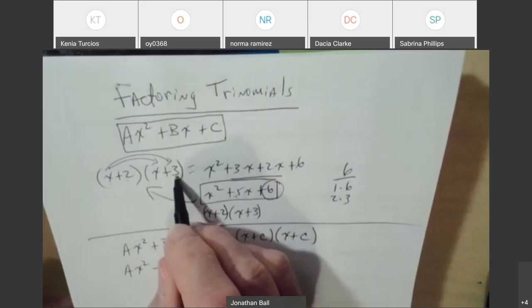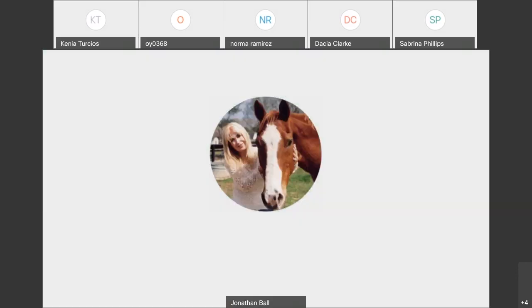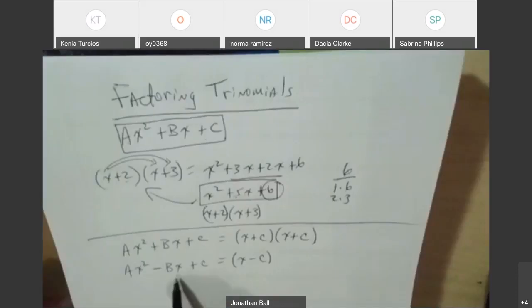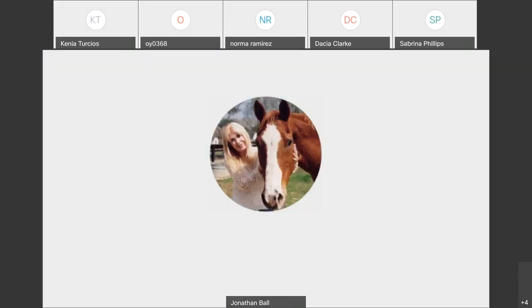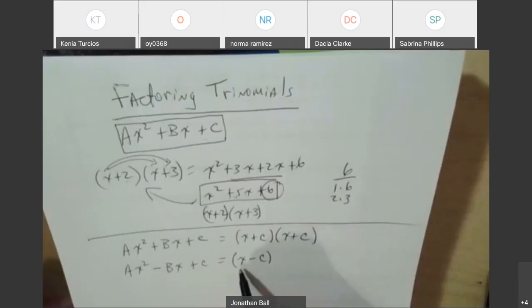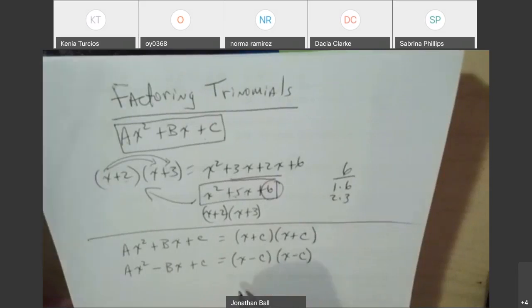Now here, we're going to have x minus a constant, because the linear term is negative and this one's positive, and there's only one way that can happen. X minus c and x minus c. Because the last thing we do is we multiply a negative times a negative, which gives us a positive.